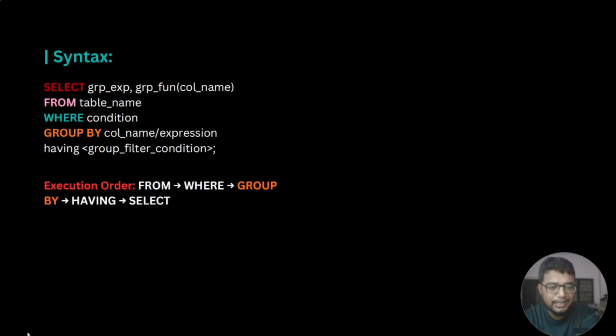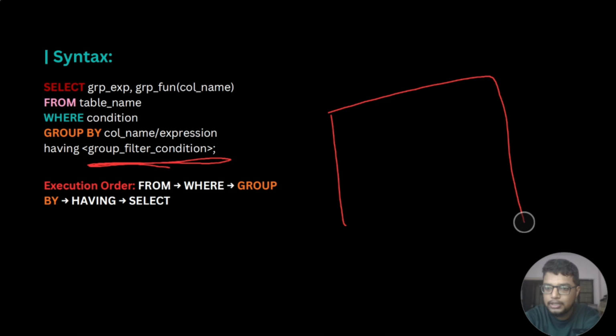And this is the syntax of the group by clause. We already know in the select clause we provide the group by expression, which is whatever parameter we provide in the group by clause. In the from clause we provide the table name, in the where clause we provide the filter condition, and in the having clause we provide the group filter condition. Why it is called a group filter condition, I already explained. If you want, I can explain once again. Once the group by clause executes, the rest of the clauses execute group by group.